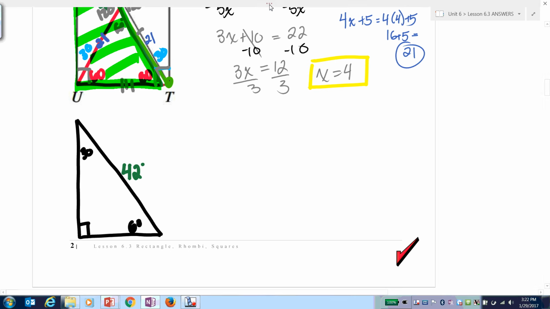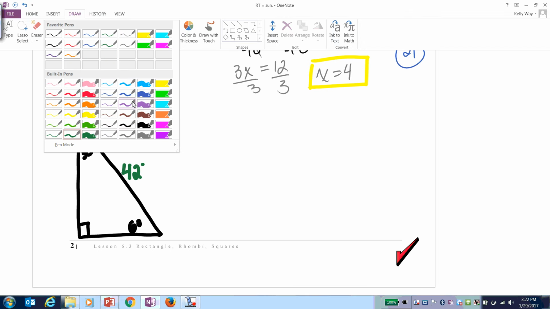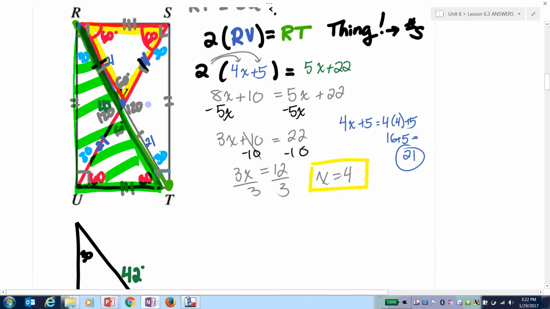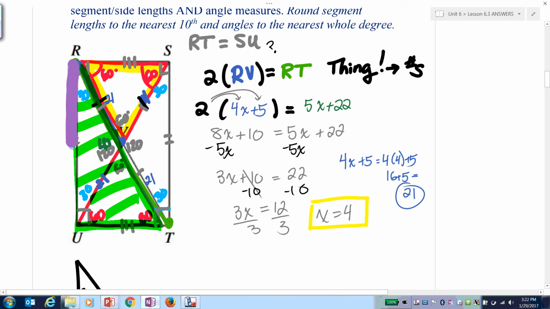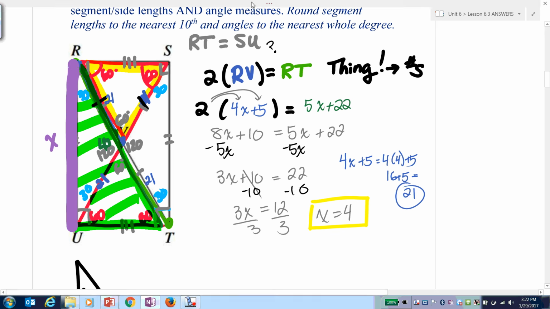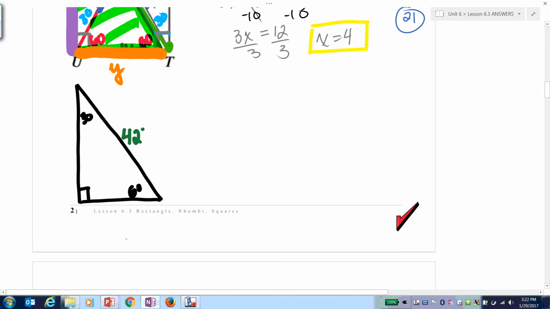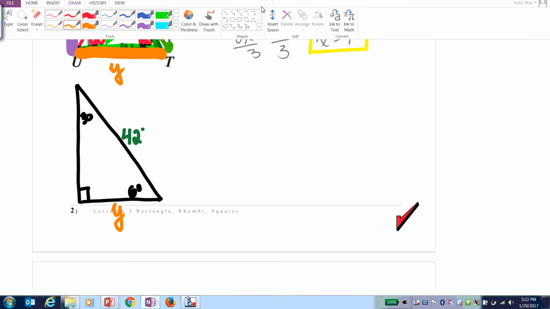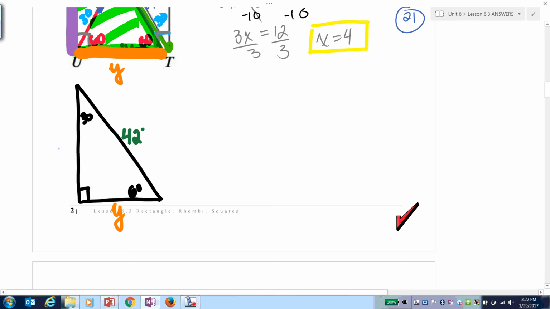In this rectangle, we don't know this long side yet, R to U, we don't know it. Let's call this X. And we do not know this side either, let's call that Y. But we have ourselves a right triangle, and now we're going to solve for X and Y. We can use either the 30 or the 60 degrees.